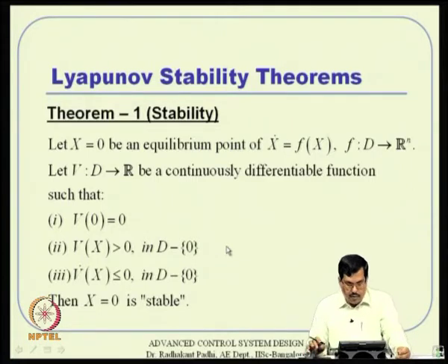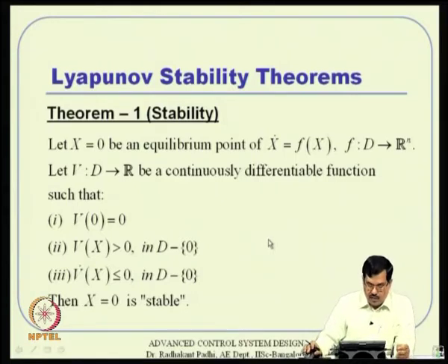In other words, you cannot infer that the system is unstable. You may have to try out a different V of x, or ultimately show that the system is unstable using instability theorems. But all these theorems, whether stability or instability theorems, are sufficiency conditions.